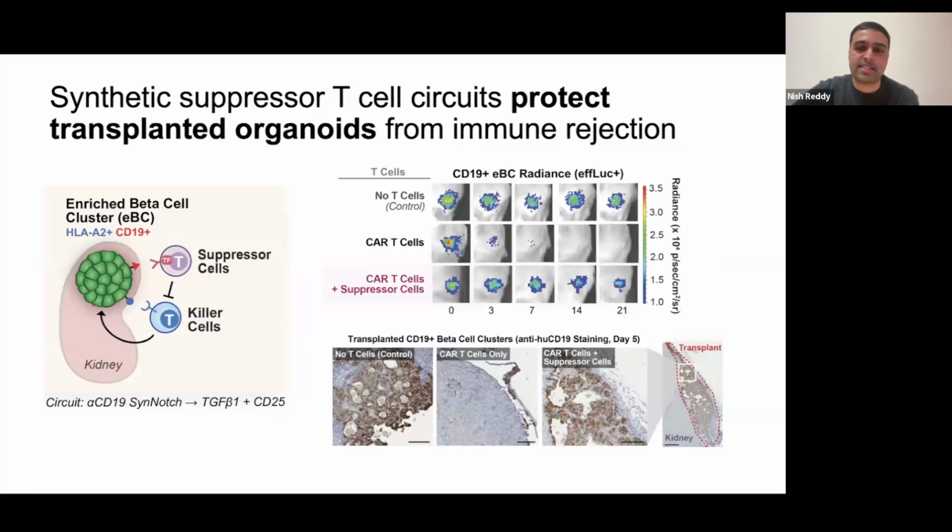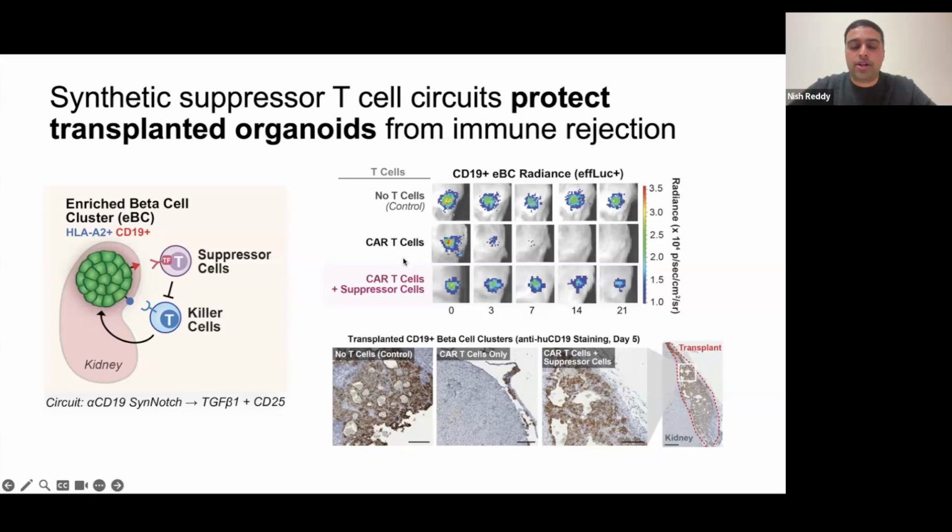And so what we see is in the absence of any T cells, these transplants, measured here by bioluminescence imaging, remain pretty stable for long periods of time. We've measured up to 6 weeks, and these transplants remain stable in these immunodeficient mice. But now when we introduce these CAR T cells, the transplants are cleared within about a week.